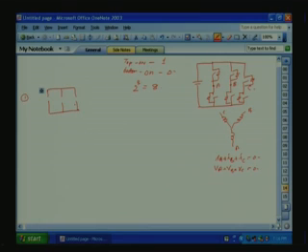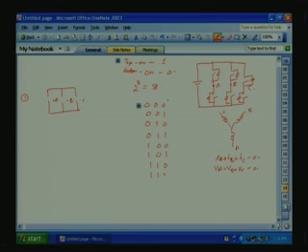Let us take the conditions for A, B, C: 0, 0, 0; 0, 0, 1; 0, 1, 0; 0, 1, 1; 1, 0, 0; 1, 0, 1; 1, 1, 0; 1, 1, 1.